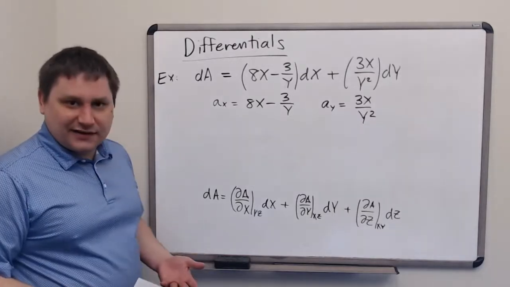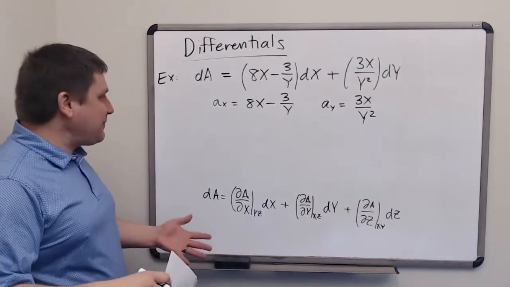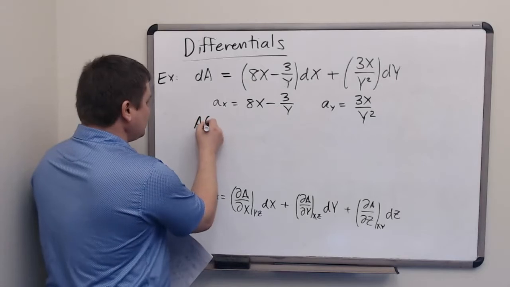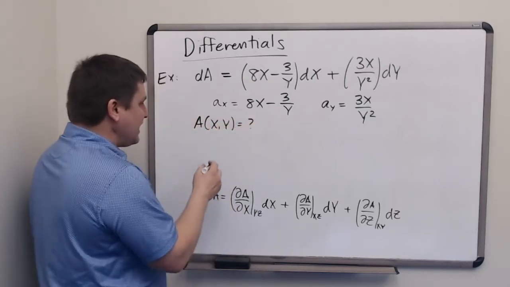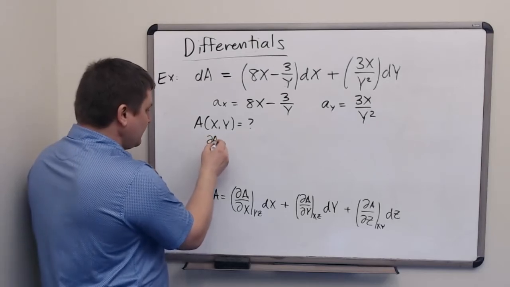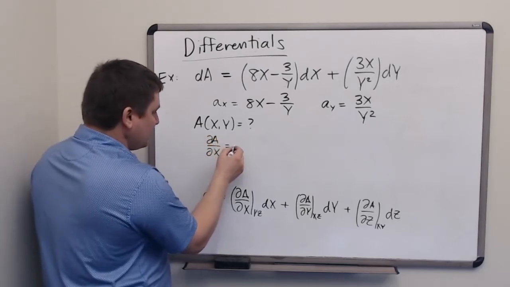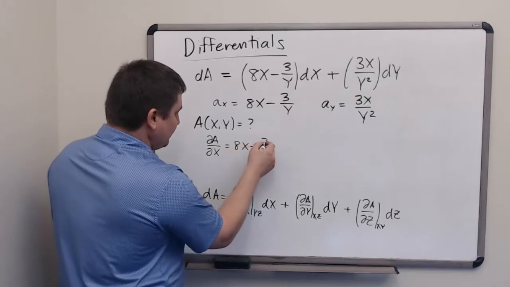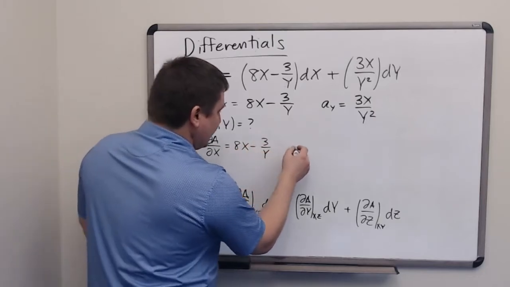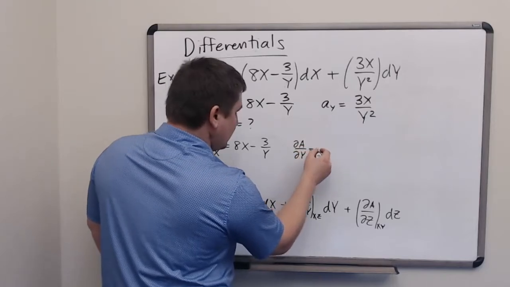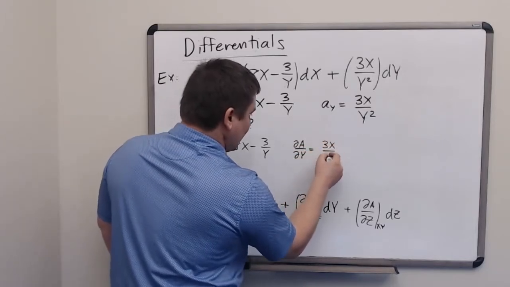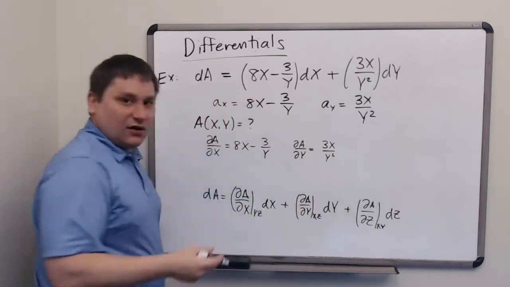So the question is, does a function capital A exist that has the property where its derivative with respect to x is equal to 8x minus 3 over y, and its derivative with respect to y is equal to 3x over y squared? Does such a function exist or not?